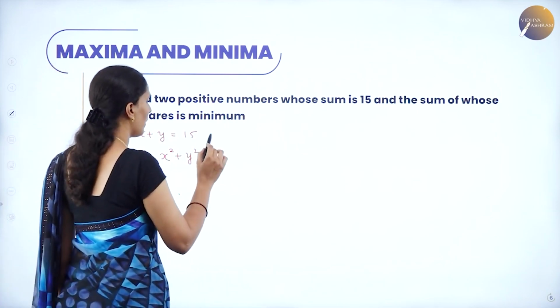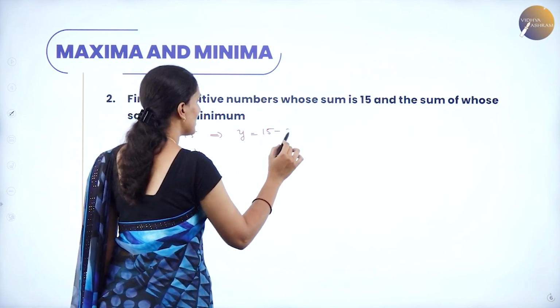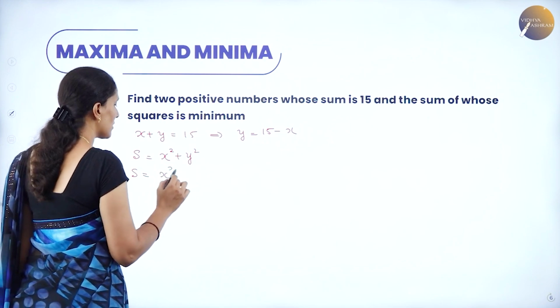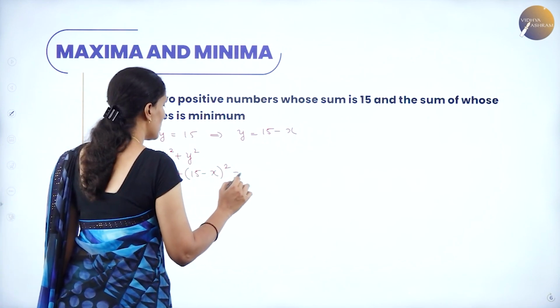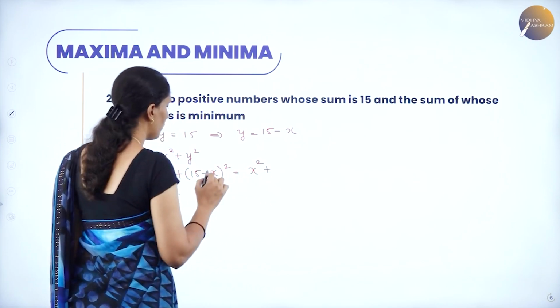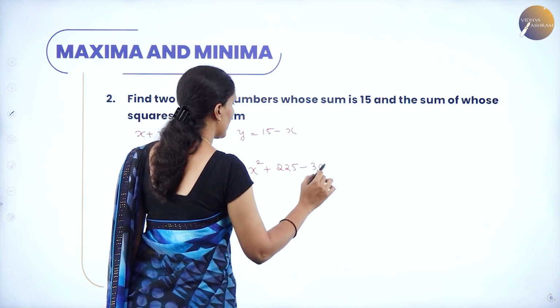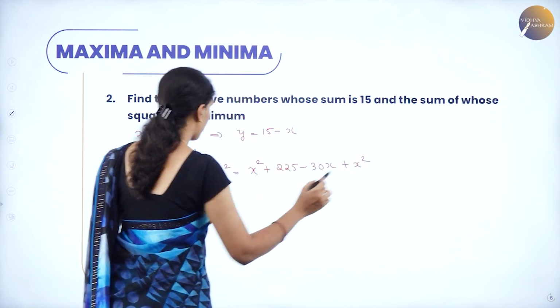So, from this equation, I can take y is equal to 15 minus x. Substituting here, I get x square plus 15 minus x whole square. So, x square plus 15 square is 225 minus 30x, and here it becomes plus x square.